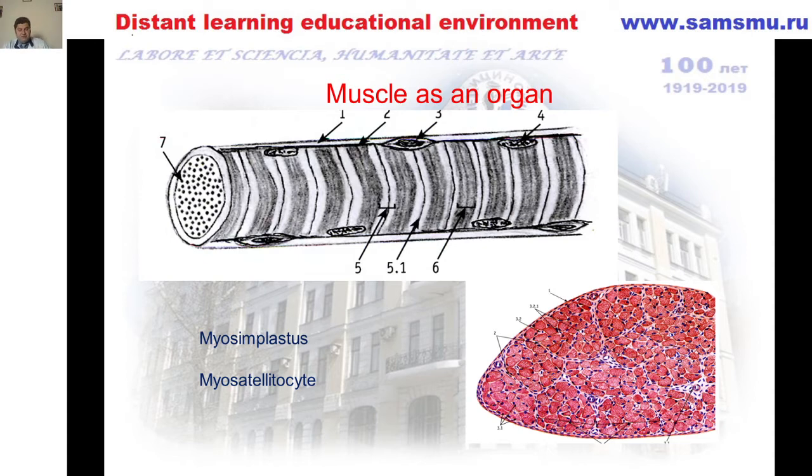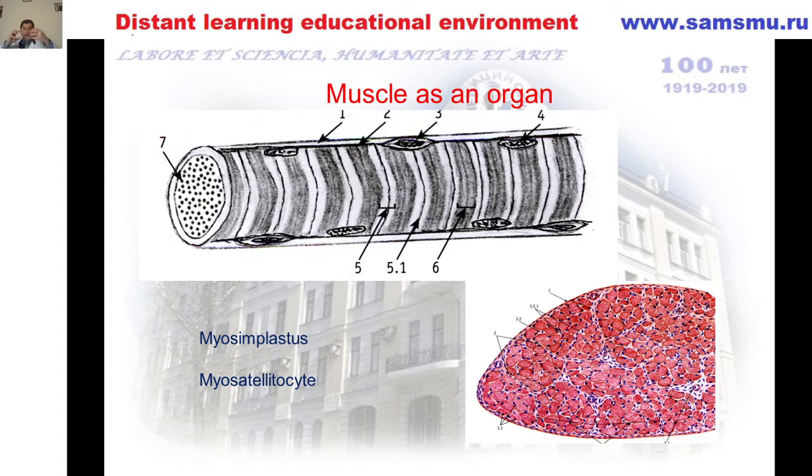The main structural element of skeletal muscle is the muscle fiber. You may see this fiber in this picture. And so the muscle fiber is a unit of skeletal muscle.